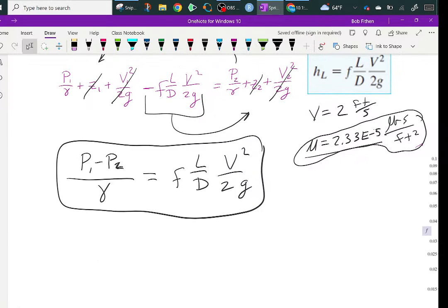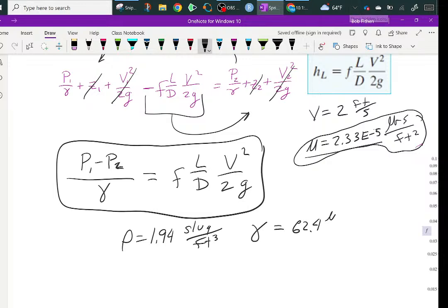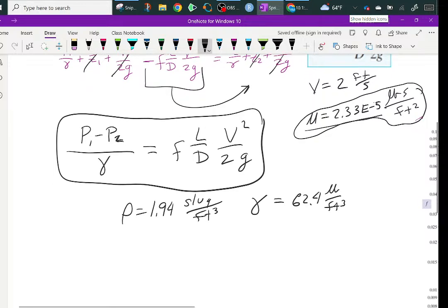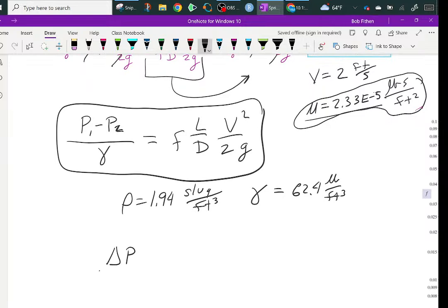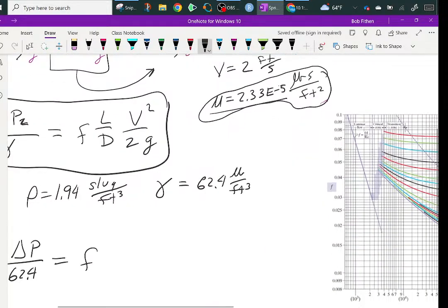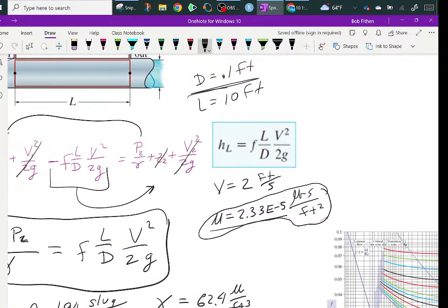Okay, so that being the case, then I can start inserting things. This is water, so rho is 1.94 slugs per cubic foot, and gamma is equal to 62.4 pounds per cubic foot. So what I get is delta P over 62.4 equals f, length of the pipe, I said it was 10 feet long, 0.1 diameter.